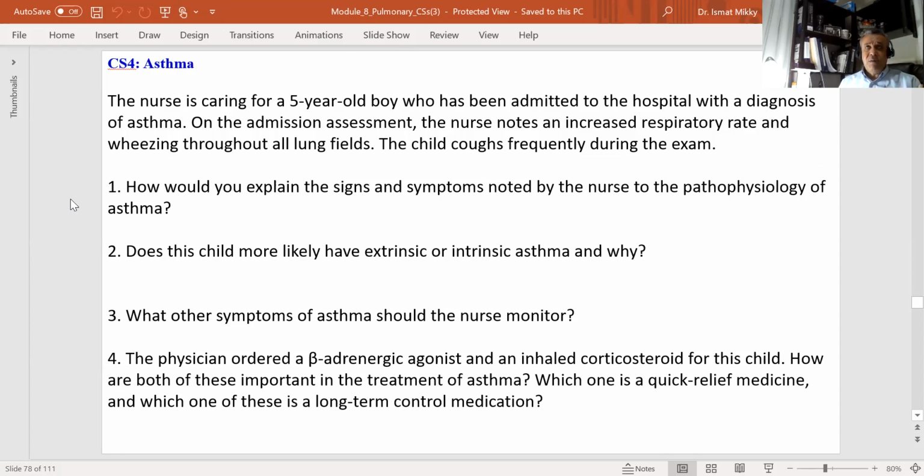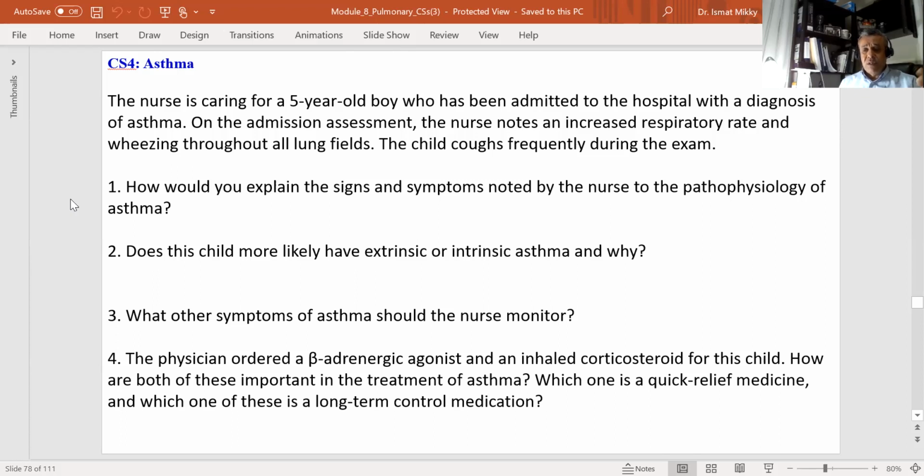People also call it non-allergic asthma. Asthma that results from dust mites, pollens, and mold is extrinsic. Even some people develop an asthmatic attack due to contact with cockroaches, which is unusual, but that's also one of the triggering factors.